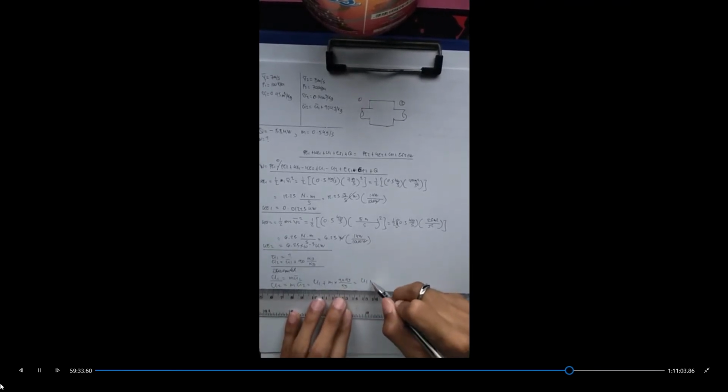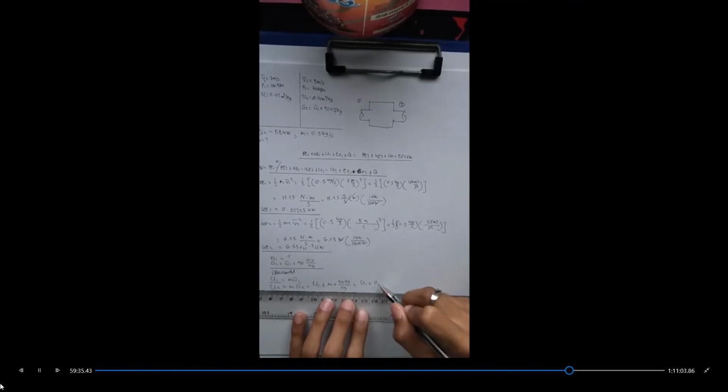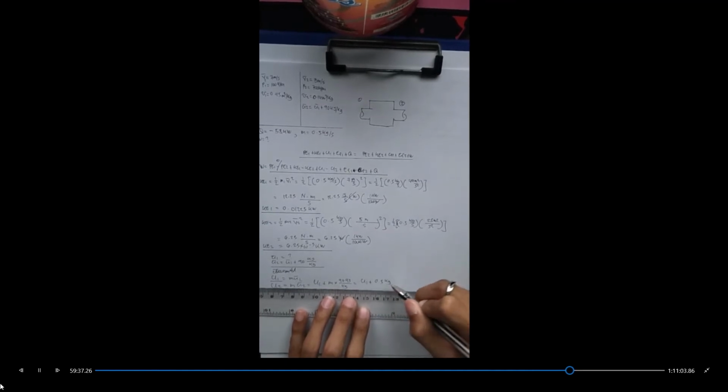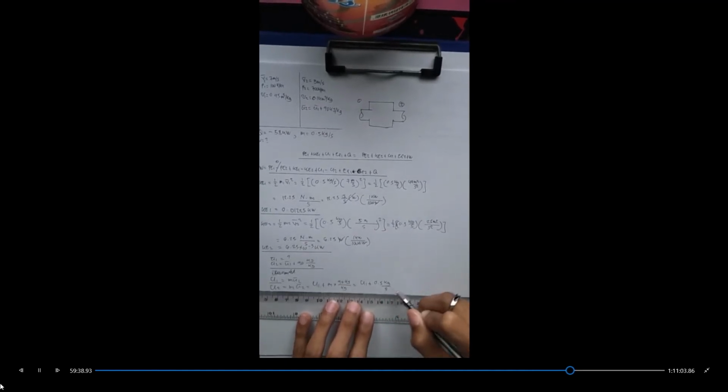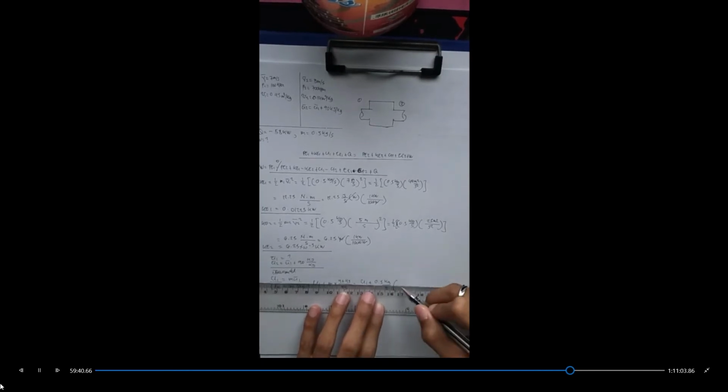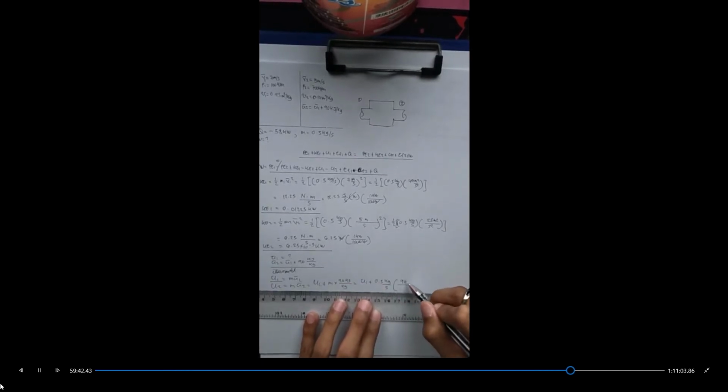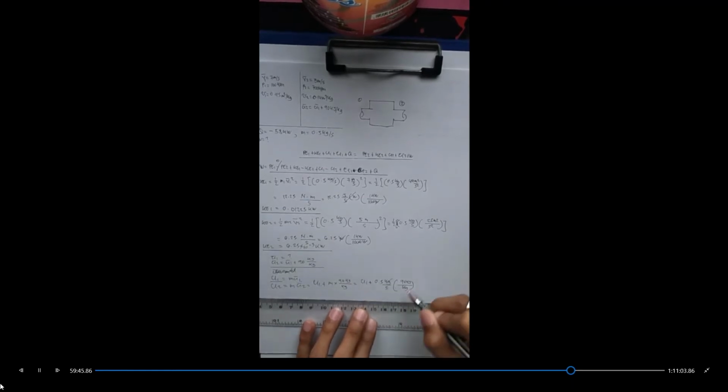So U1 plus my mass is 0.5 kilograms per second, and then multiply it with 90 kilojoules per kilogram, and cancelling out the unit of mass, which is in kilograms, I'll be left with 90 kilojoules per second.